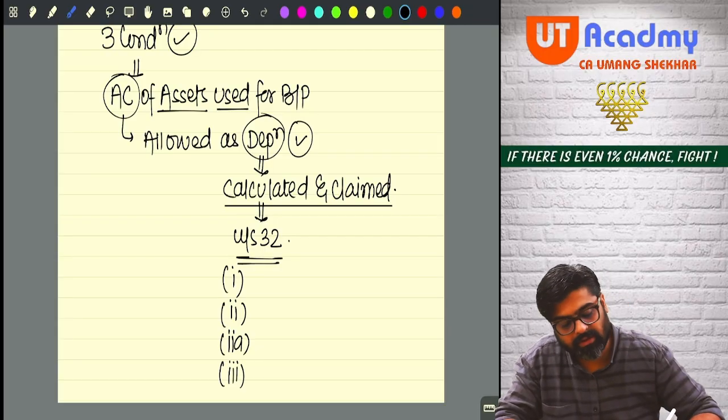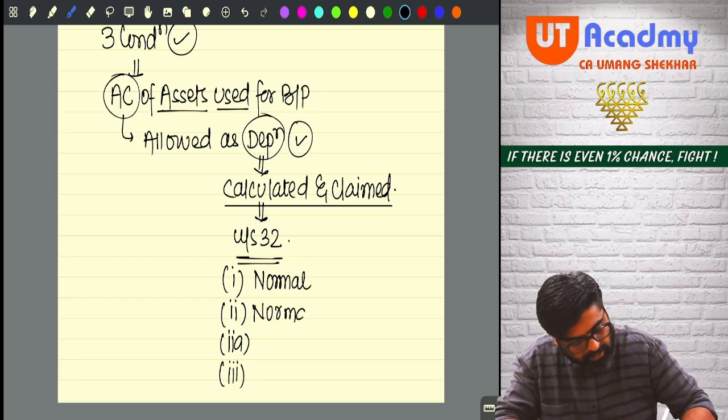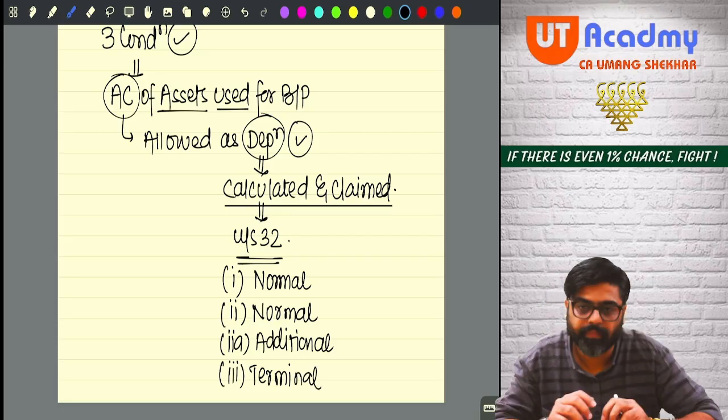The depreciation which you will be calculating and claiming will be normal depreciation. Which depreciation? Normal depreciation. Or it can be additional depreciation. Or it can be terminal depreciation.